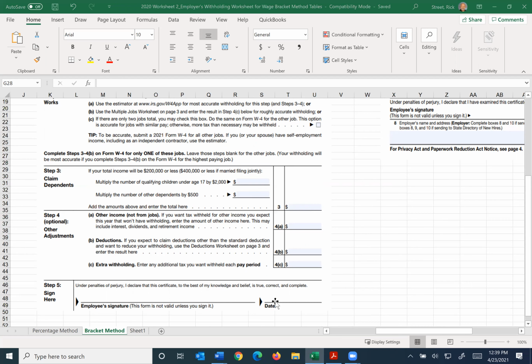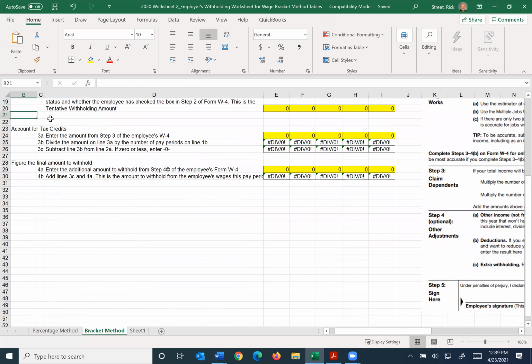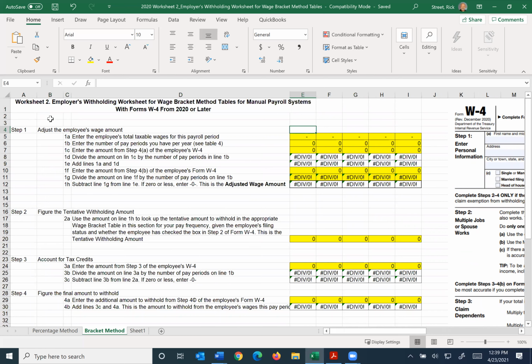Okay, so let's take a look at some examples. And let's go ahead and use the worksheet because it just does the math for us. And we can walk through it systematically. So the first thing we need to do is determine what the taxable wages are for our first employee.